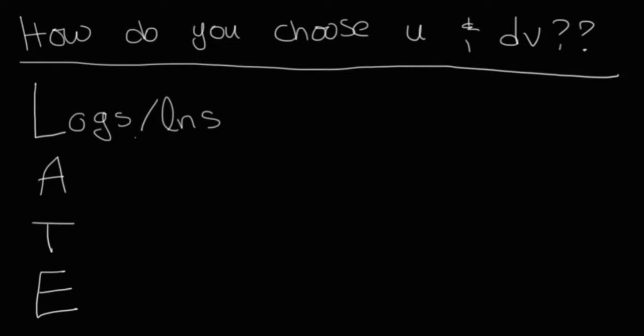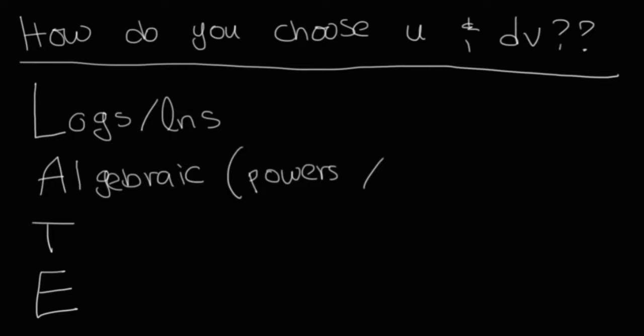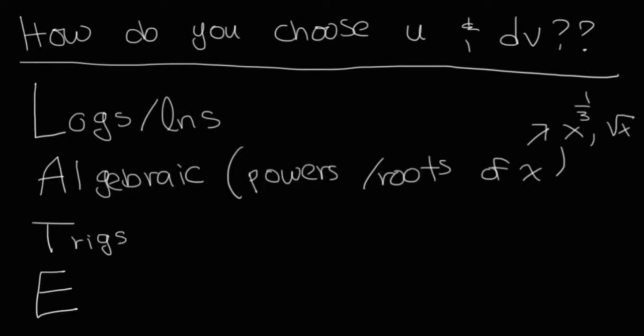If your integral doesn't have any logs or lns, then you choose your u to be the algebraic function that you find in there. By algebraic, I mean, for example, powers of x or roots of x, like x to the 1/3, root x, whatever it might be. If your integral does not have either of those, then you choose your u to be trigs, so let's say sine x, cos x, and so on.